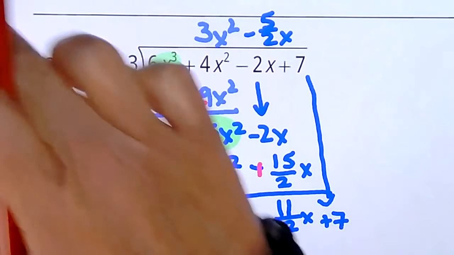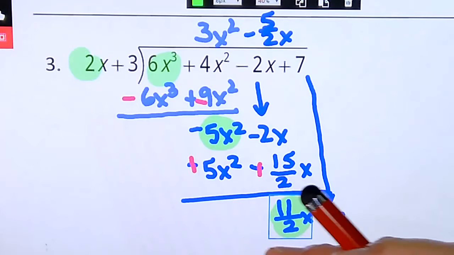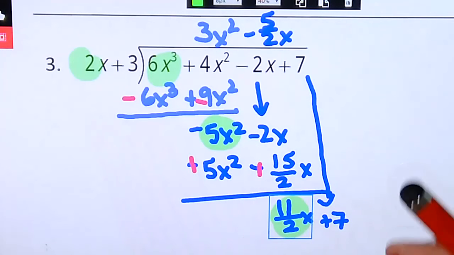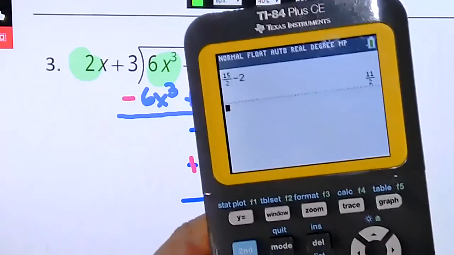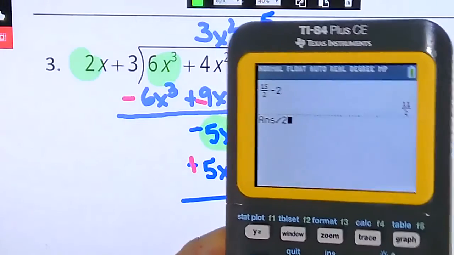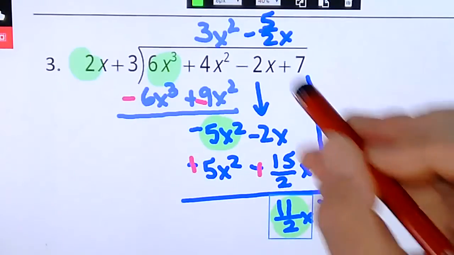And then now I'm going to focus on having that go into 11 halves. So if I take 11 halves divided by 2, half of 11 halves is 11 fourths, okay? And again, you can do that on your calculator. So if I take this and I divide it by 2, you can see it's going to give me 11 fourths, okay?